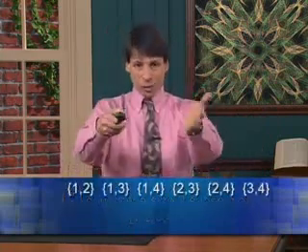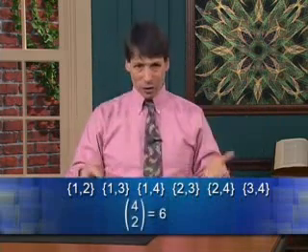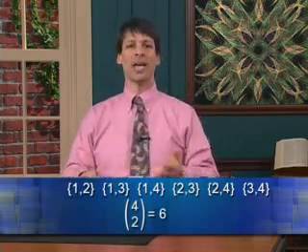Here are the size 2 subsets of 1 through 4. We've seen those before. There are 6 of them. And so therefore 4 choose 2 is 6. So for example, by the formal definition, 10 choose 3 is the number of ways to pick 3 numbers from 1 through 10 where order doesn't matter.